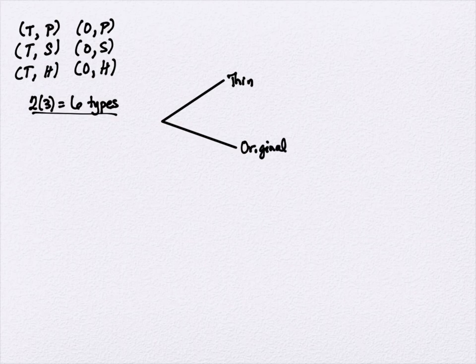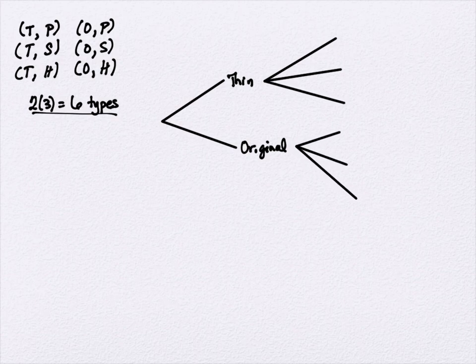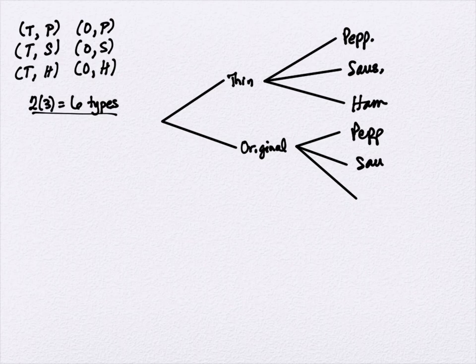And then the second choice, and again, these are all 3 options off of the pizza crust option, is that we can have pepperoni, sausage, or ham. Pepperoni, sausage, and ham, like such. And again, we get 2 times 3 or 6 types.